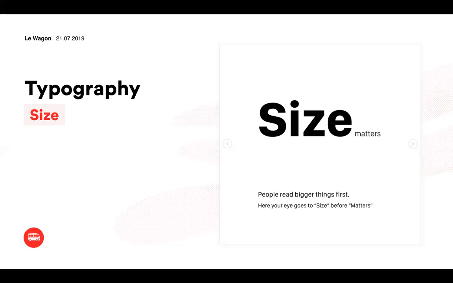So you need to explain in a few words why you matter to this potential customer. That's why all these value propositions come in bigger font. So our eyes go to size before the word matters, for sure.